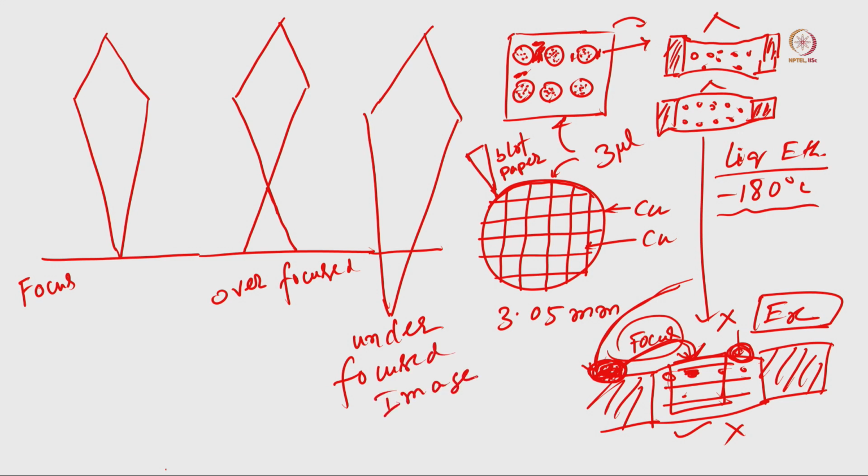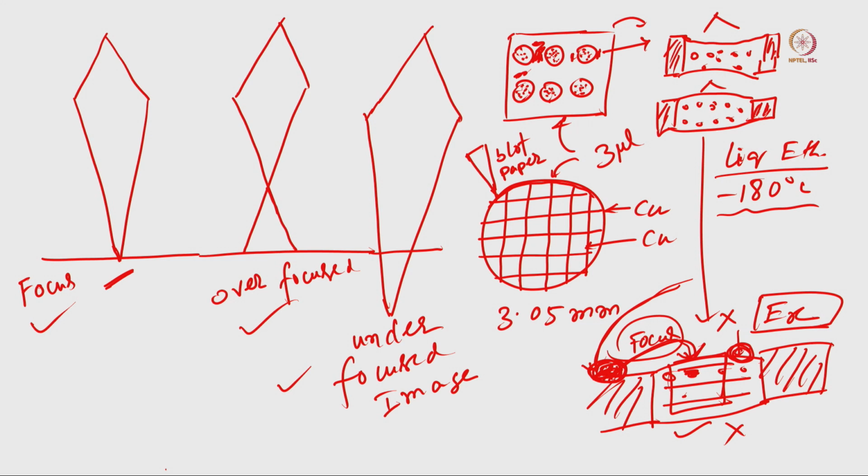So what is the difference between focused, over focused and under focused images? It is a very important part now. Always remember that if images are focused, our eye is not capable of seeing that focused image clearly. If images are over focused or under focused, they can create a very nice image of that particular sample.